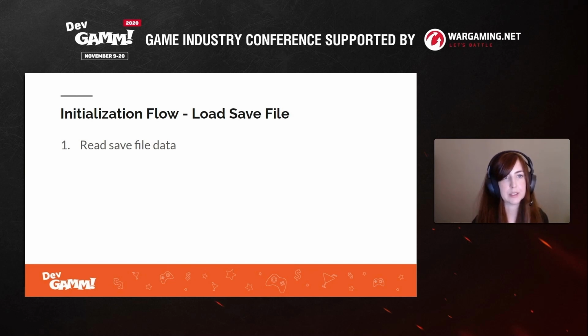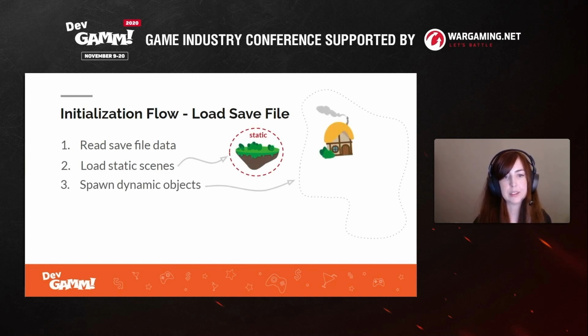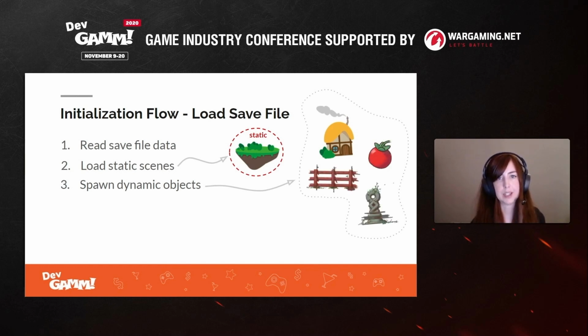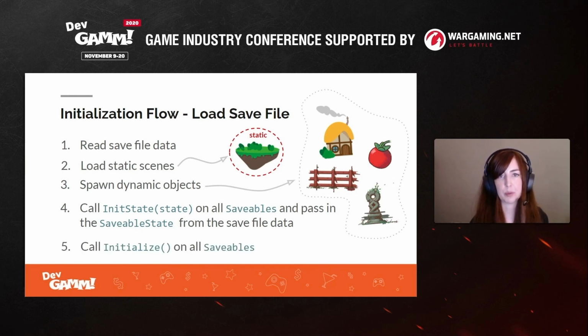First we read the save file data from disk, then we load the static scenes as usual. Then we spawn in all the dynamic objects that were in that area. Then we take the savable states from the save data and pass that to initState on all the savables. And finally, we call Initialize on all the savables.